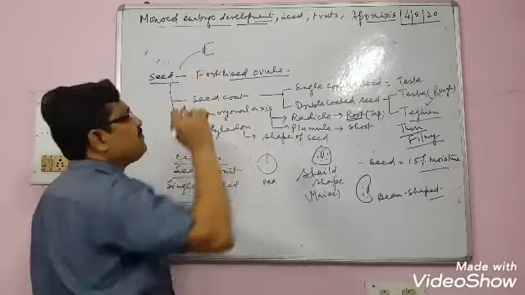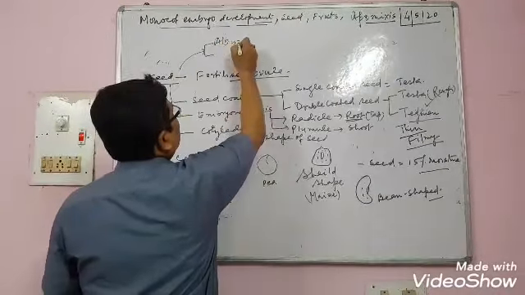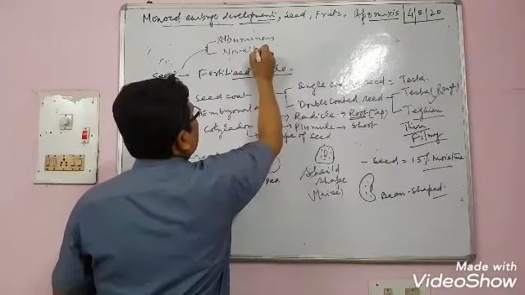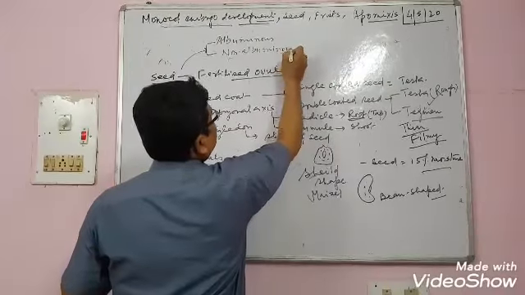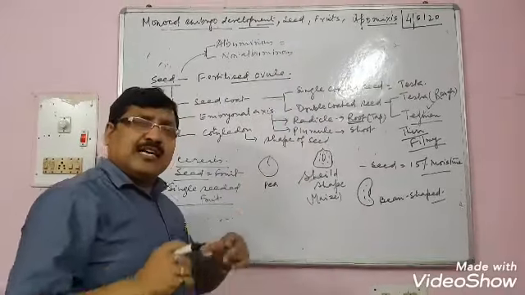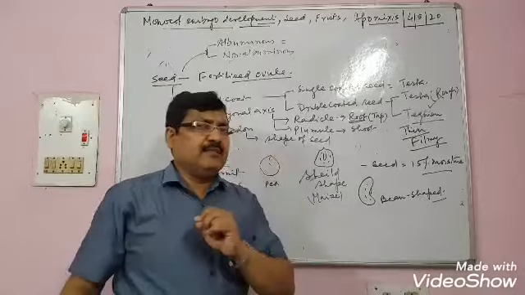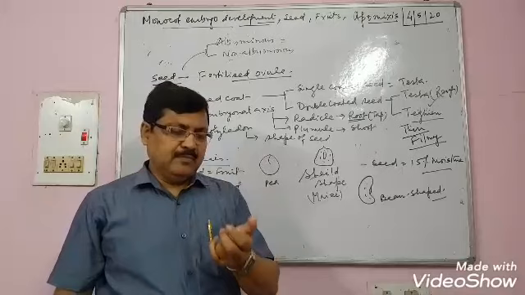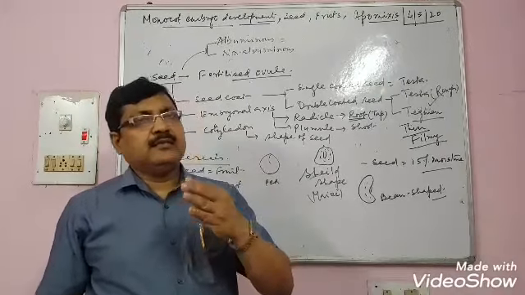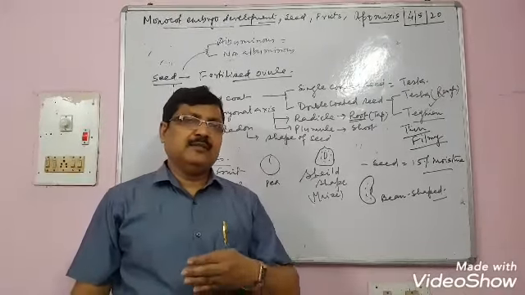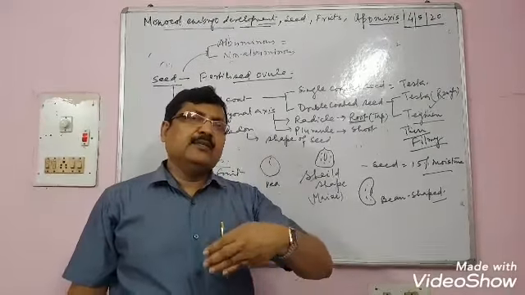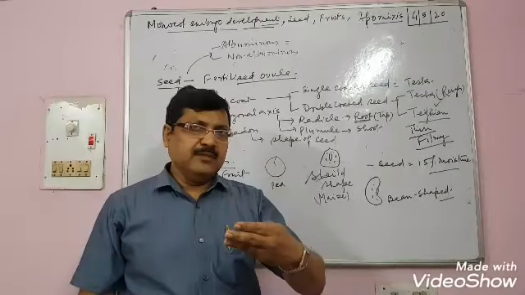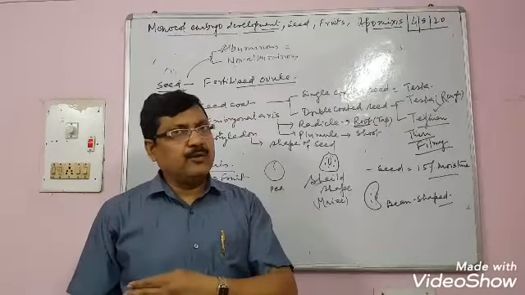Seed is of two types, albuminous and non-albuminous. Albuminous seeds are those seeds which retain some part of the endosperm, because the function of endosperm is to help and to supply food in the development of the embryo.